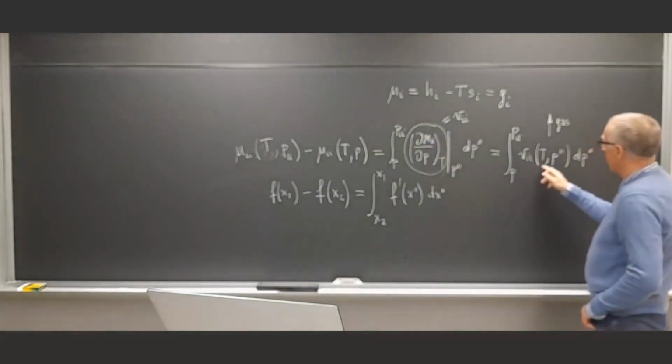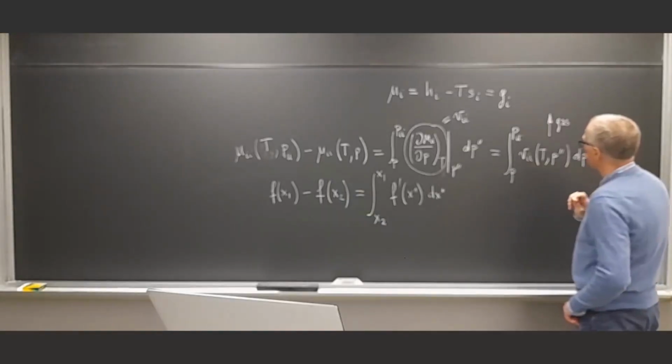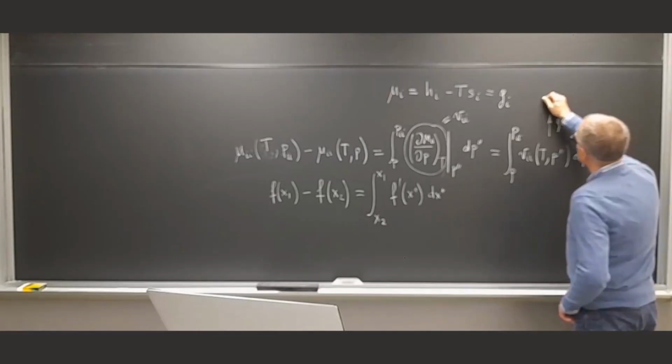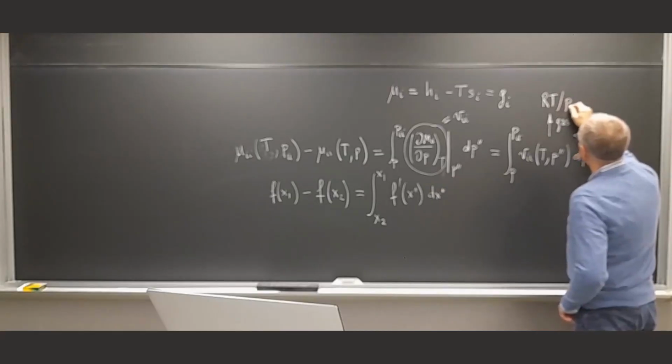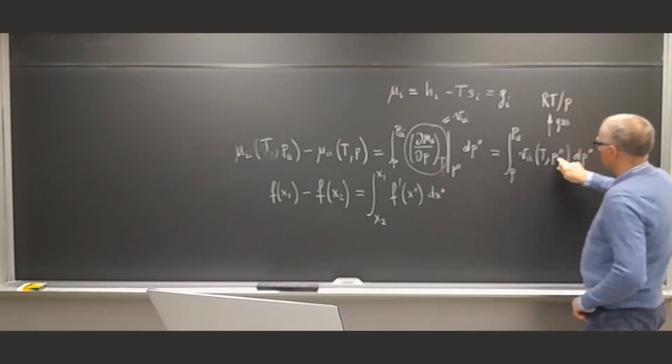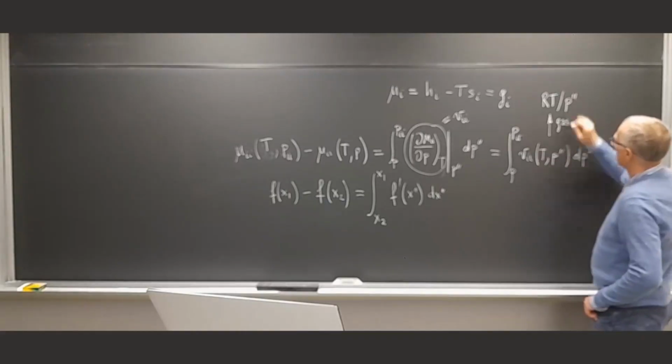If my substance I behaves according to the ideal gas relation, the specific volume can be written as RT over P, and the pressure that we should evaluate is the one that is here, so it's P double prime.